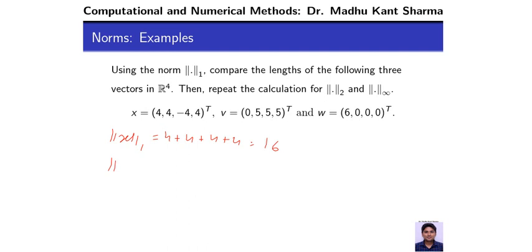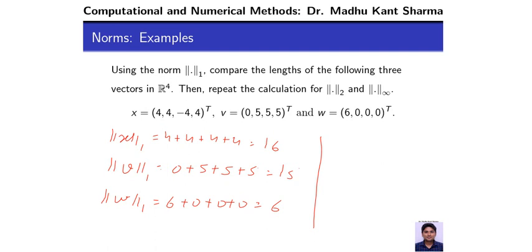Norm of V is 0 plus 5 plus 5 plus 5, that is 15. Similarly, norm W1 is 6 plus 0 plus 0 plus 0, that is 6.